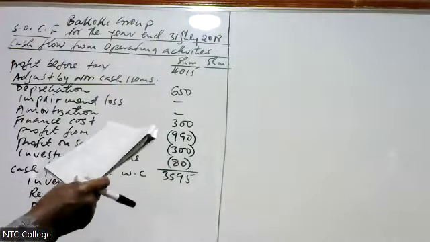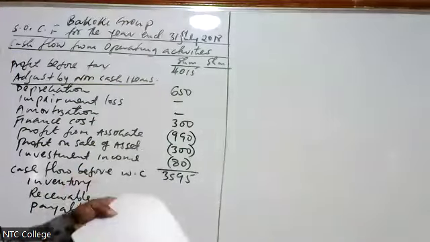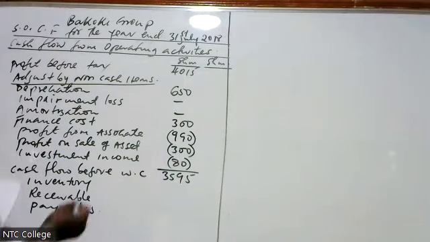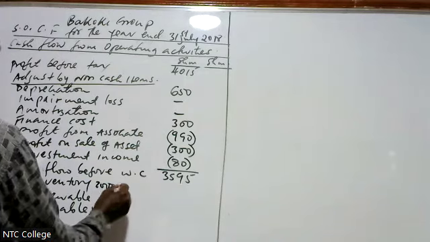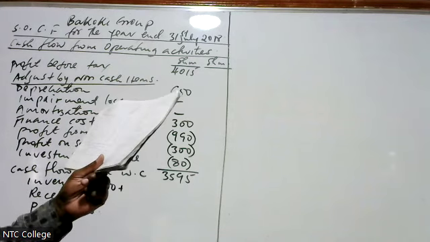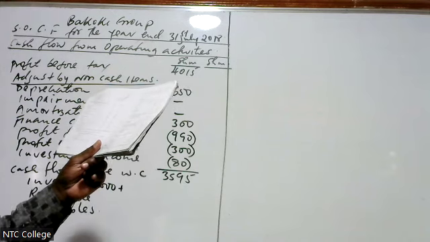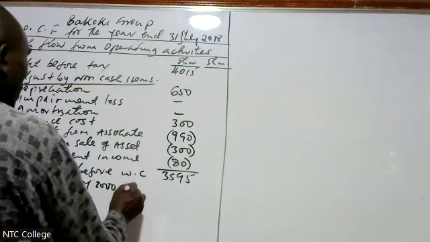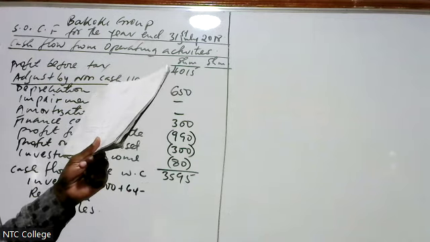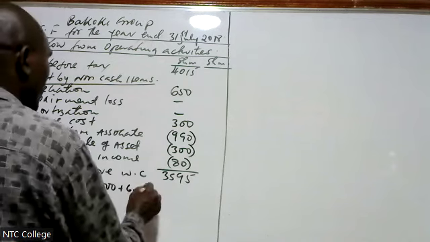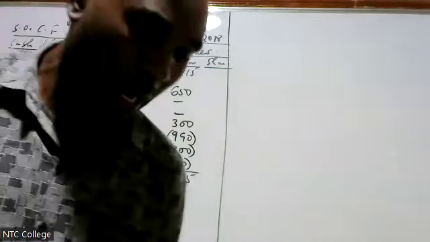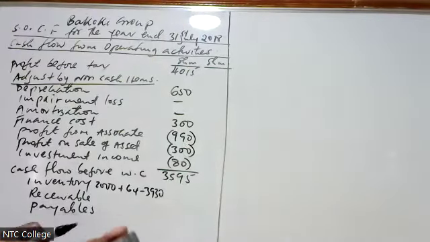Inventory, you are going to take your opening balance, that is from the previous balance. Inventory's previous balance was 2,000, plus subsidiary acquired, which is we acquired Nyange Limited. Inventory was 64. Then you compare with the balance at the end. Balance at the end is 3,930.